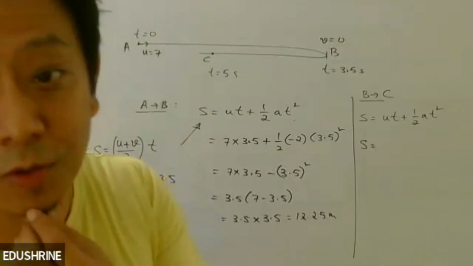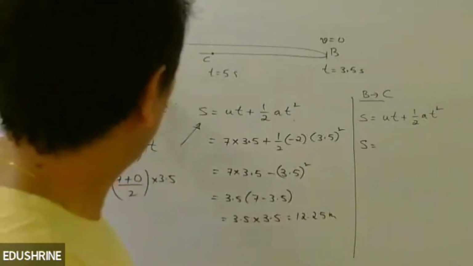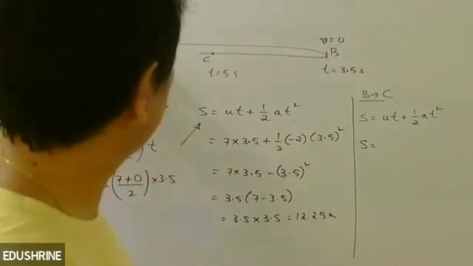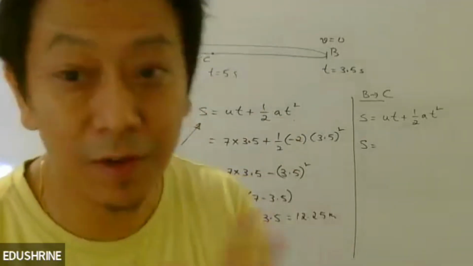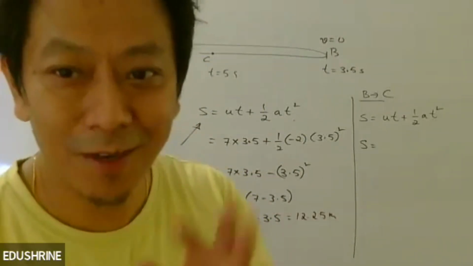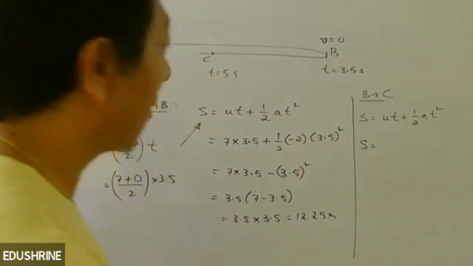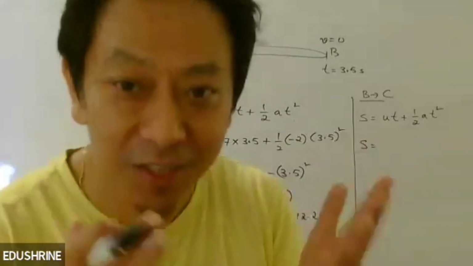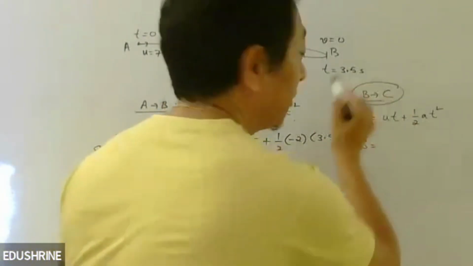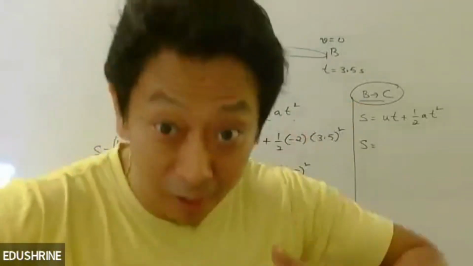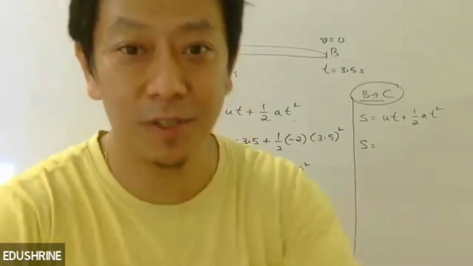Be very, very careful. From A to B, u is 7, because u is initial velocity, not whatever you wrote once. Whole life it will not be 7. As I told you, first thing is you have to decide the 2 points, initial and final. Then only you can start using the equations.